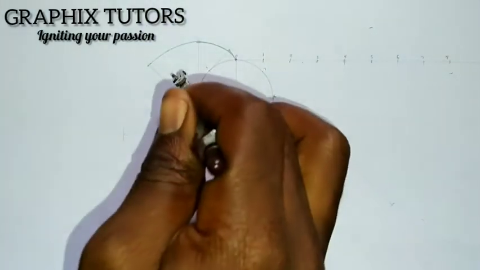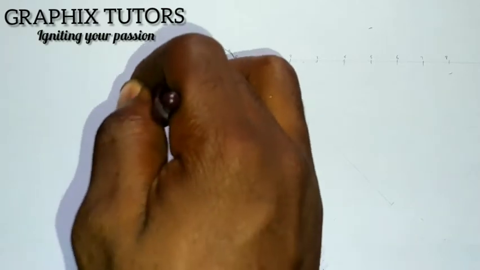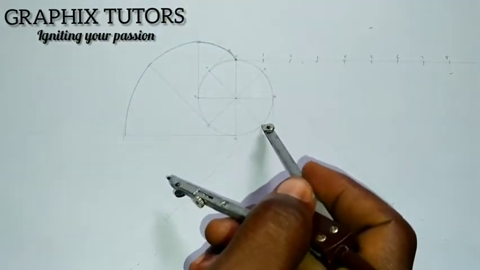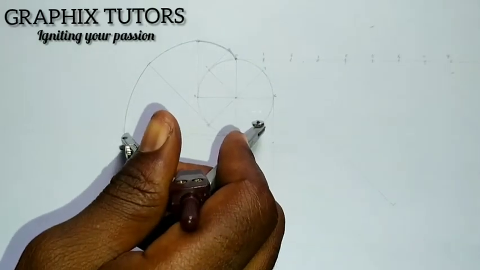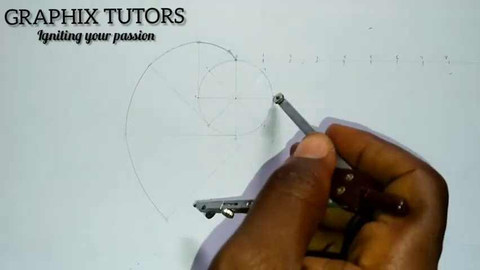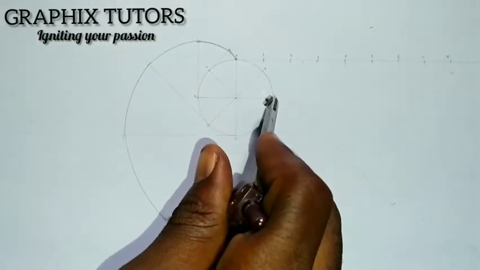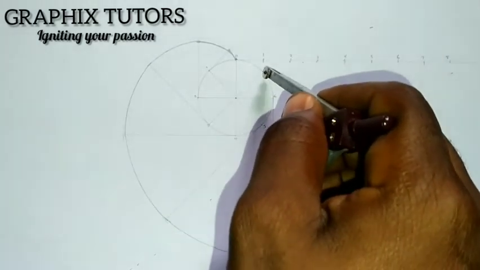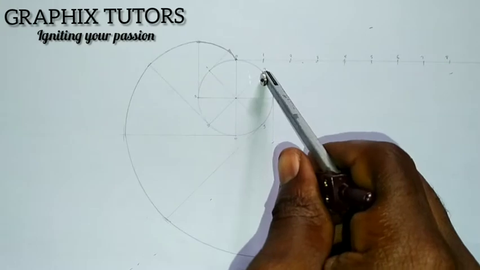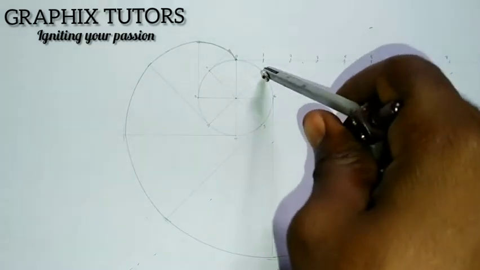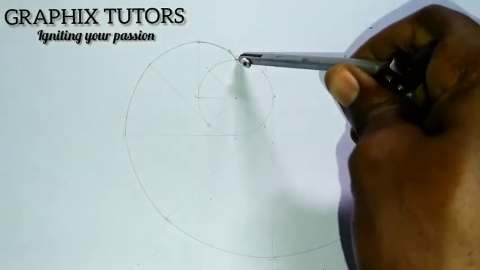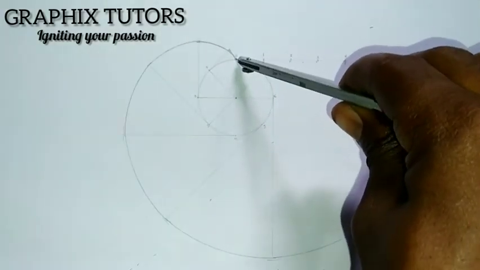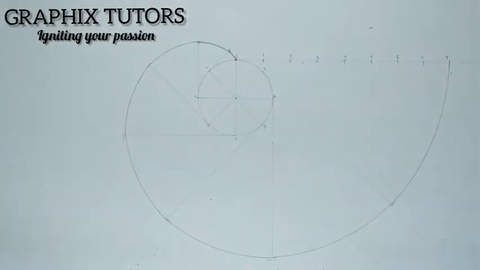From 4, take it to 3, I'll drop here. From 5, take it to this point here. From 6, take it to 5 here. From 7, take it here. From 8, that's what you do. So you can also use a compass instead of your French curve. So this is the involute of the circle.